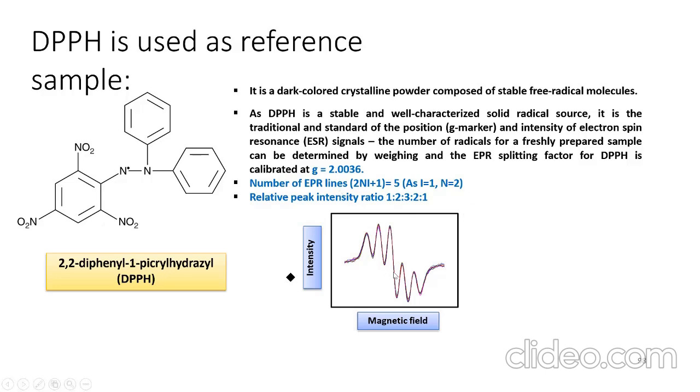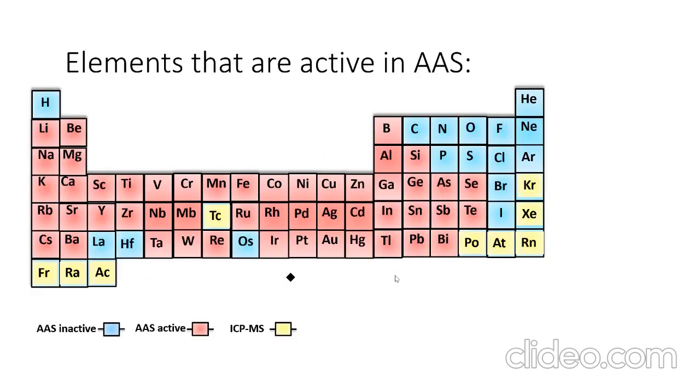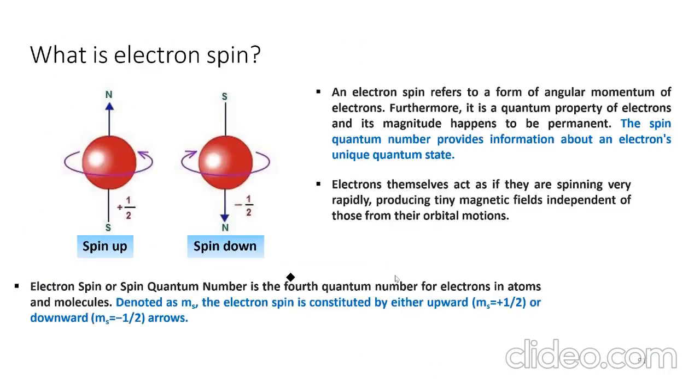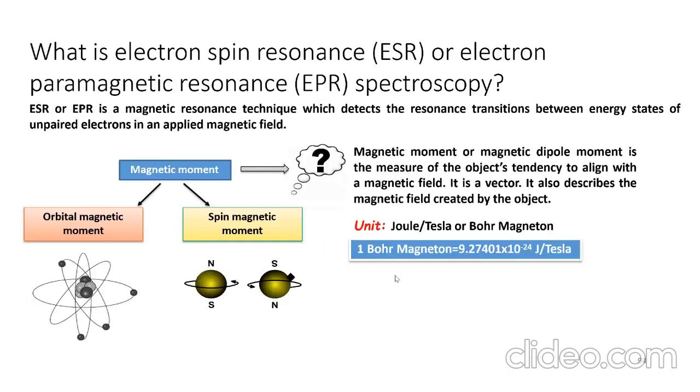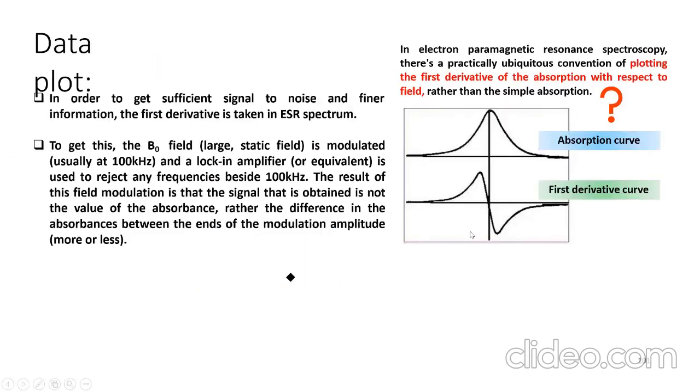Actually, it is increasing. It is a derivative, right? If I go back to this, here. If you see, if it is 0, the absorbance is highest at that point.